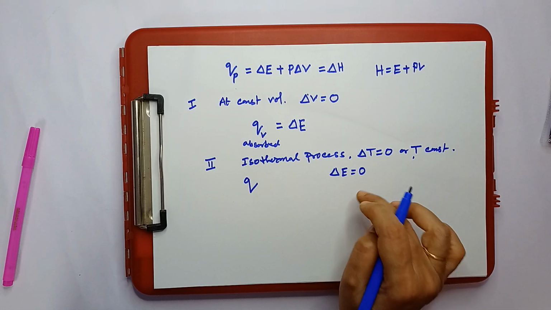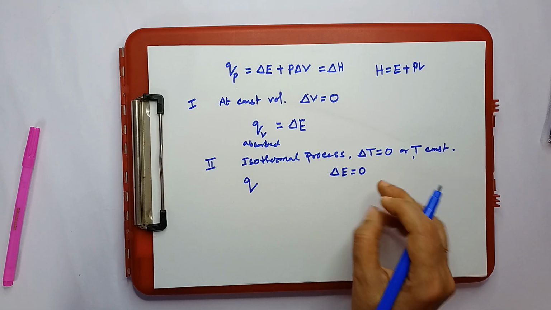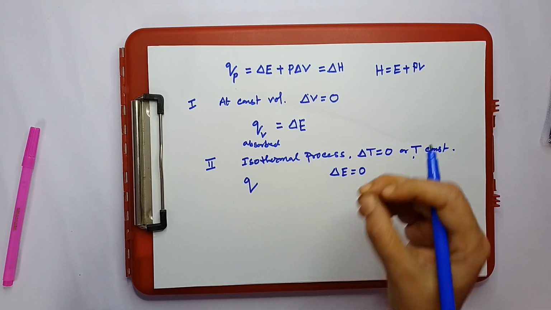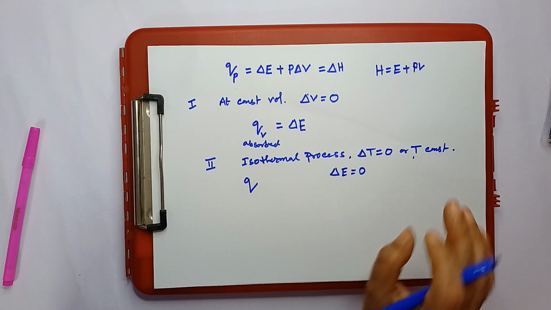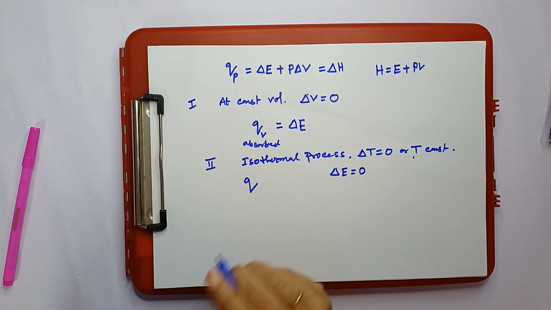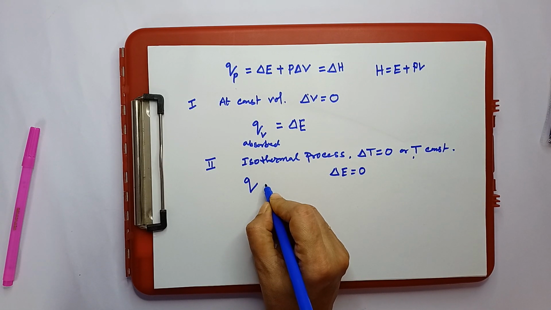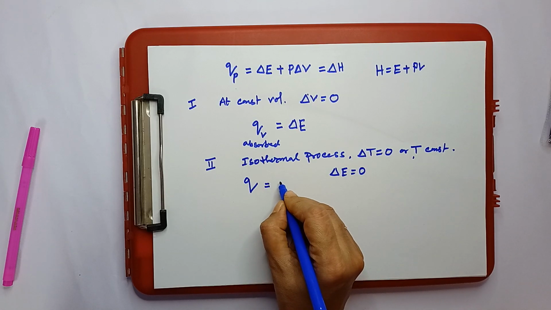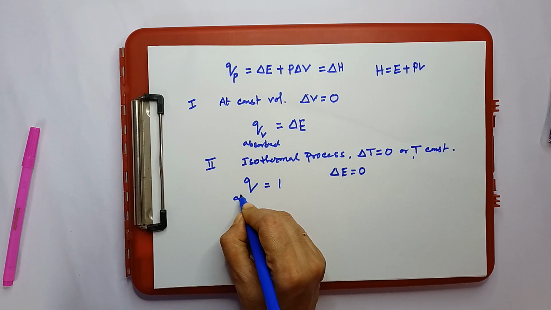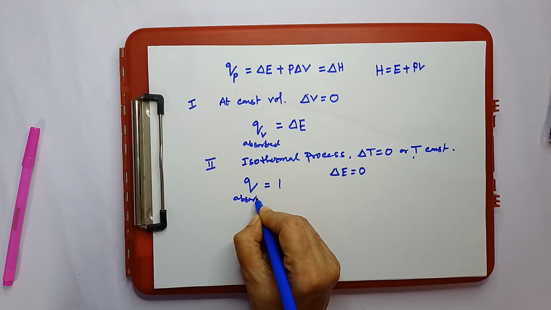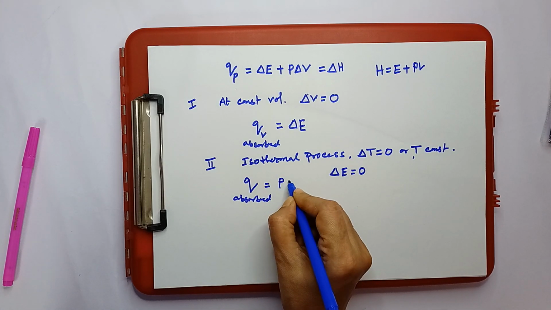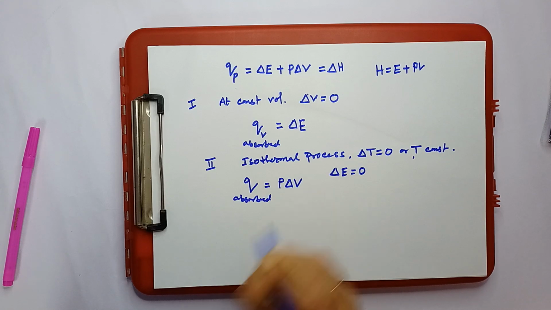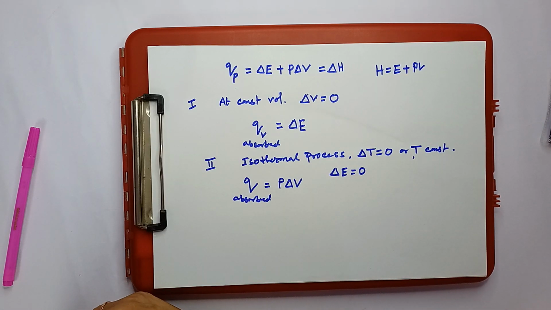No change in the internal energy because temperature is constant. Internal energy is a function of temperature. It is the thermal energy. So change in internal energy means change in temperature, and temperature constant means no internal energy change. In that case, heat absorbed will be equal to only the pressure volume work done by the gaseous system.